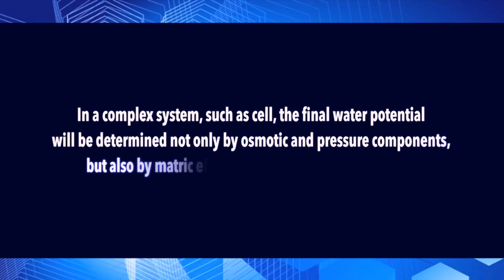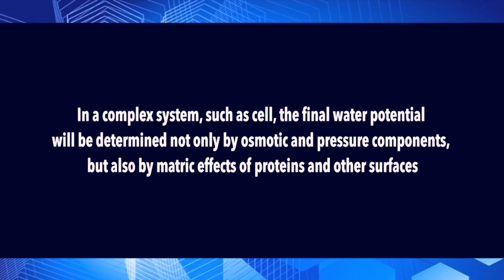In a complex system such as a cell, the final water potential will be determined not only by osmotic and pressure components but also by the matric effects of the proteins and other surfaces.